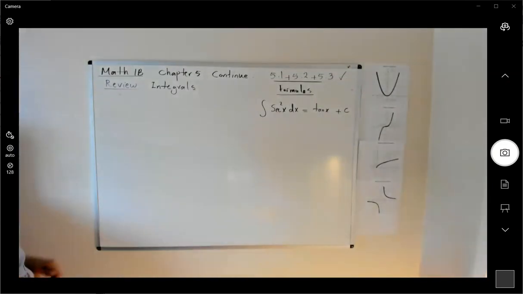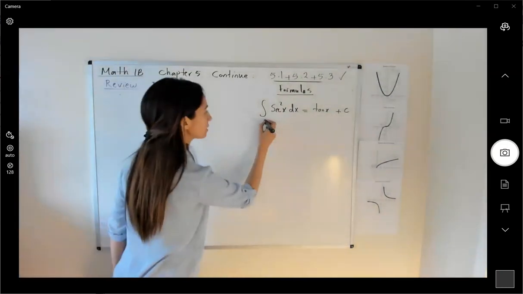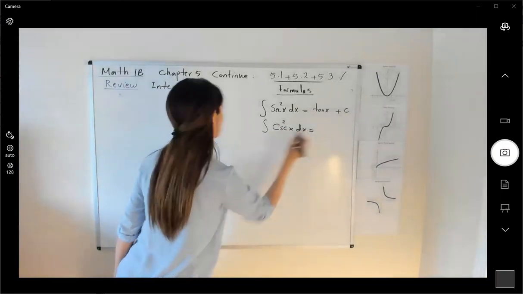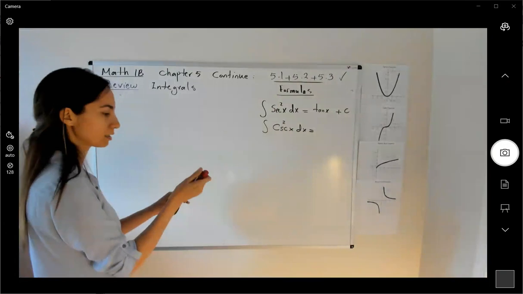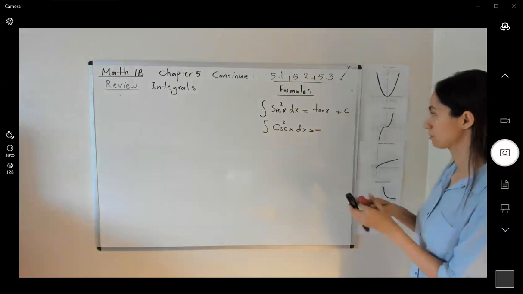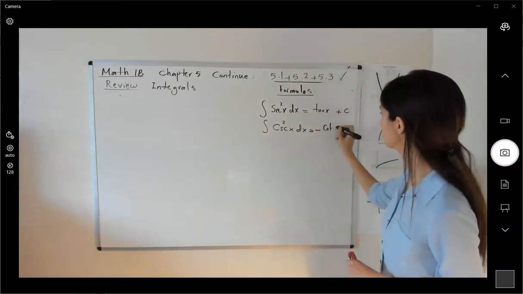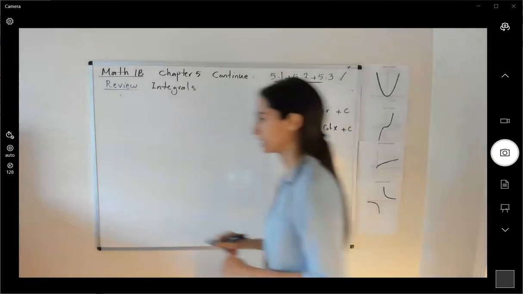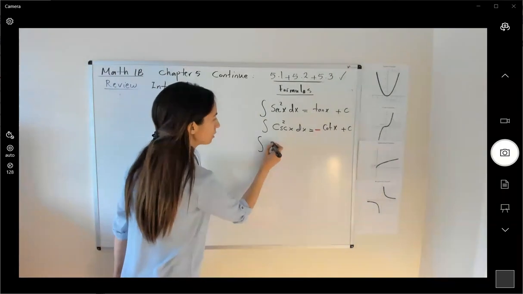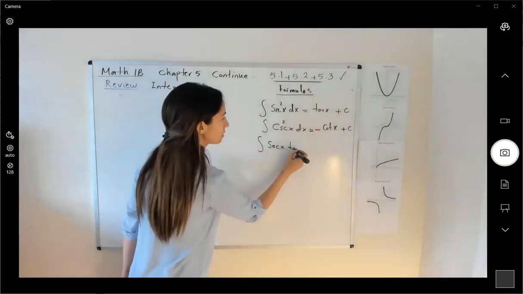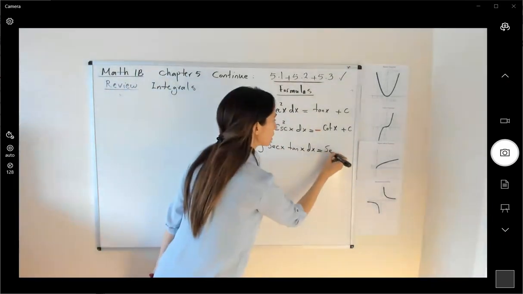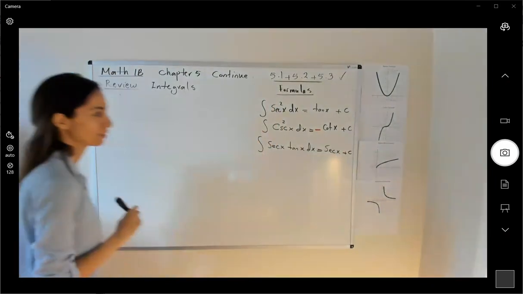The second formula is the integral of cosecant squared x dx, which is minus cotangent of x plus constant of integration. If you have the product of secant x, tangent x, dx, this integral is equal to secant x plus constant of integration.